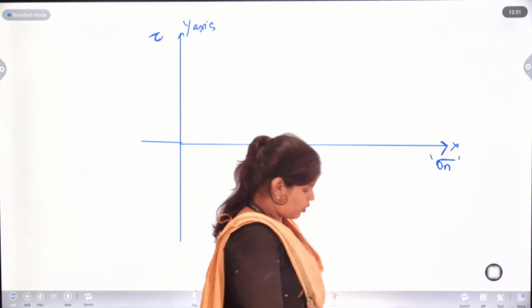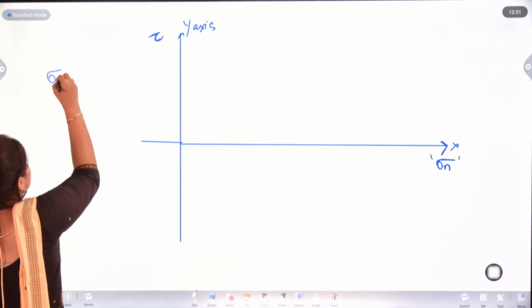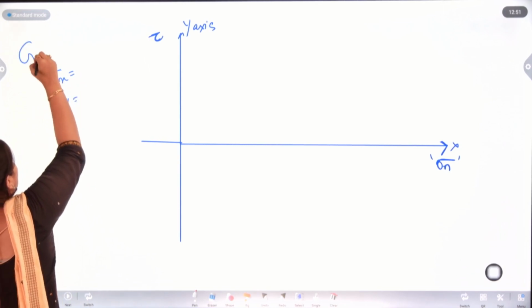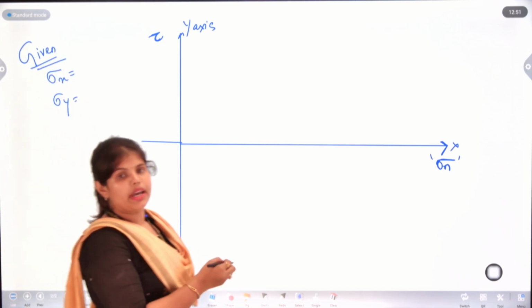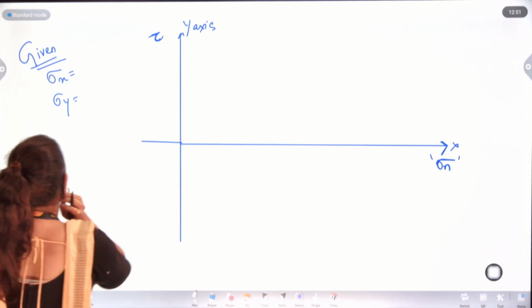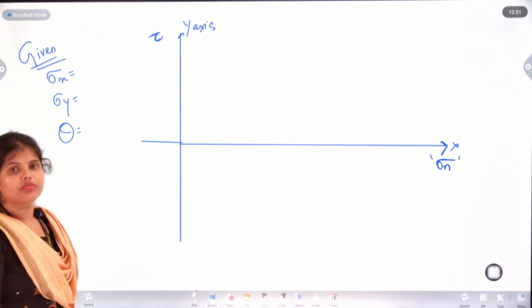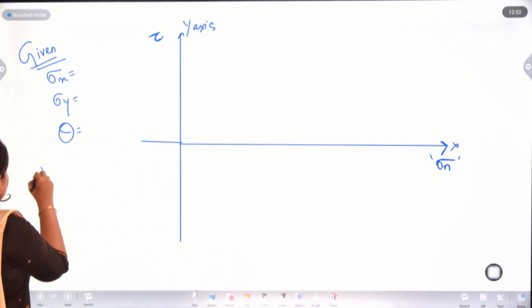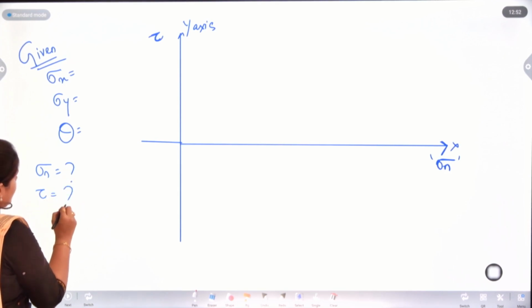In our question we will have the sigma x value and the sigma y value, and also the theta value. Our work is to find sigma n and tau.